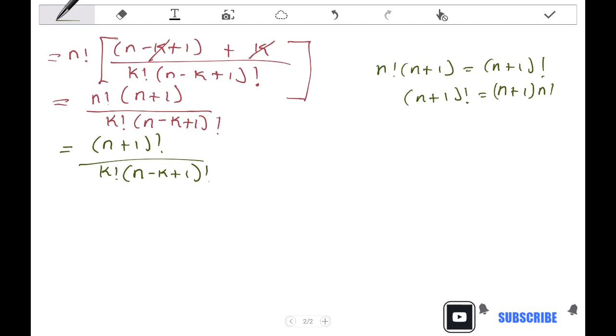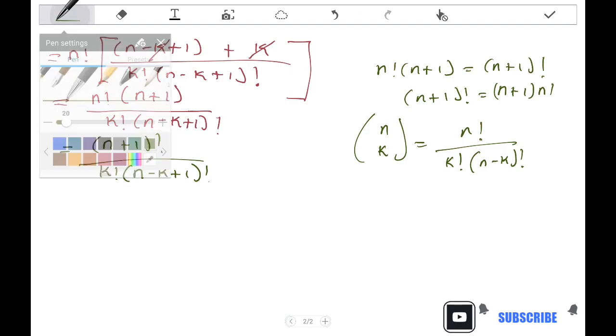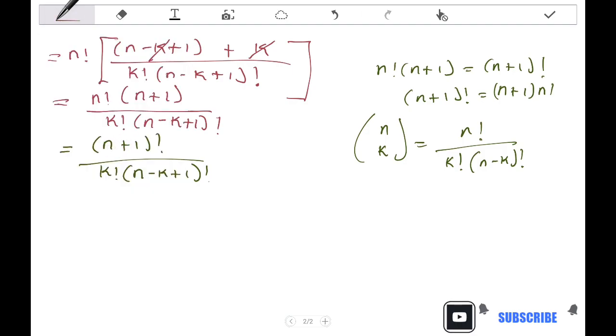Again, you can relate this to something else, because you know that n choose k is the same as n factorial divided by k factorial multiplied by n minus k factorial. So here our n is n plus 1. We are going to do the very same procedure here to go back.